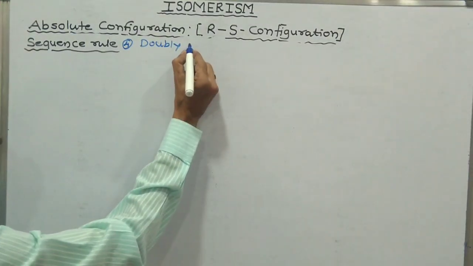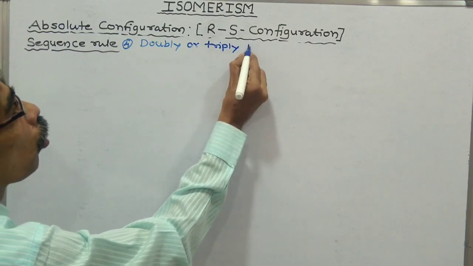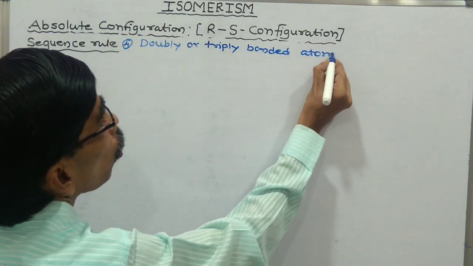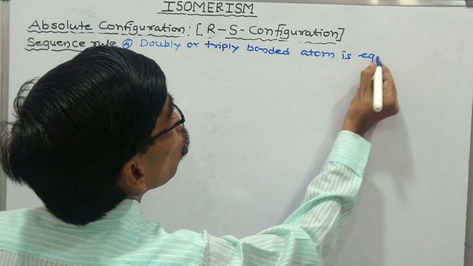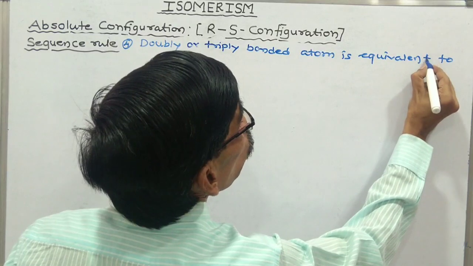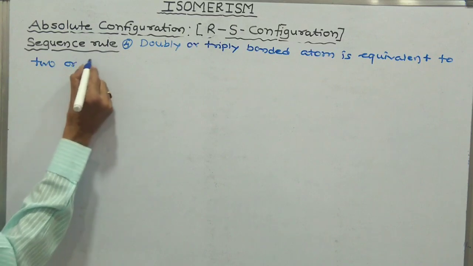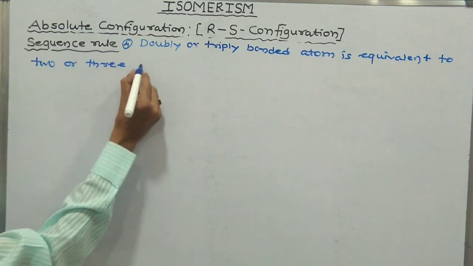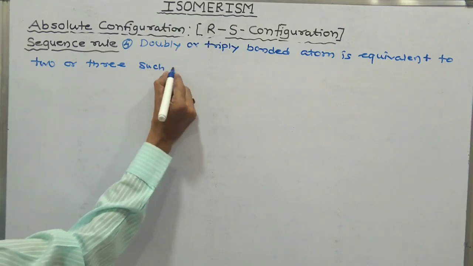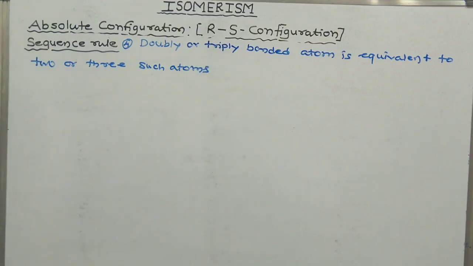The doubly or triply bonded atom is equivalent to 2 or 3 such atoms.